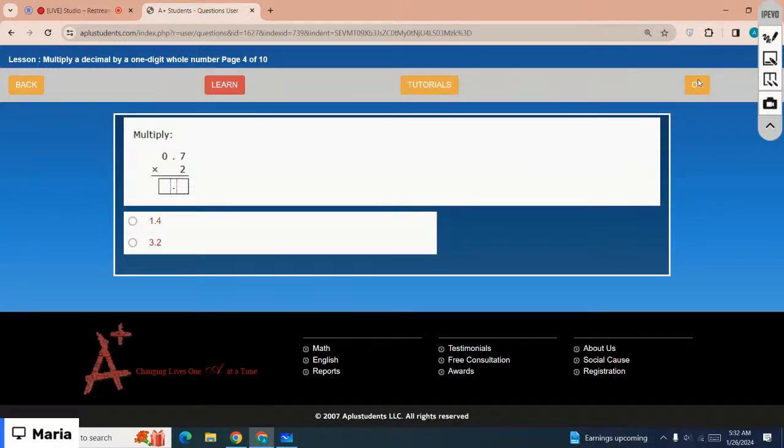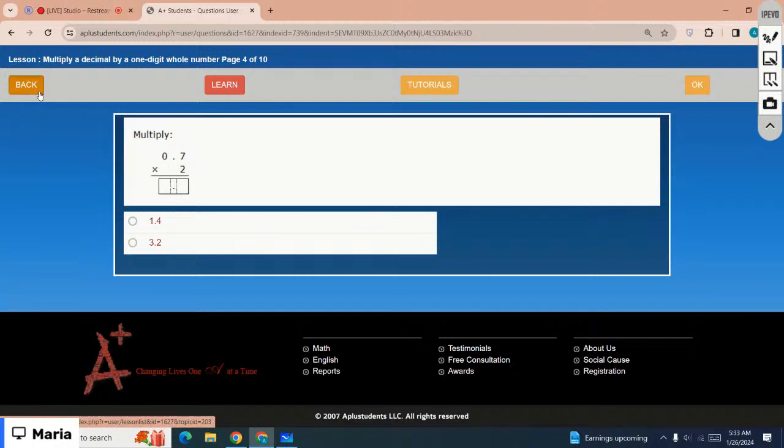Next, 0.7 times 2, which is the correct option? The correct option is 1.4. Option number 1 is the correct option.